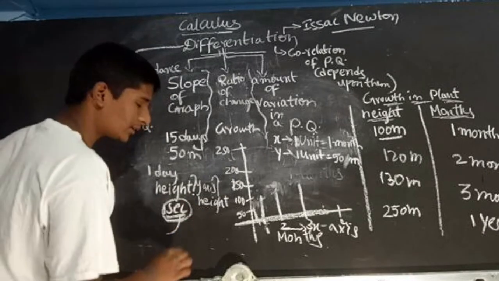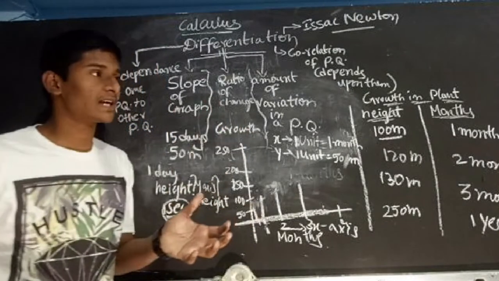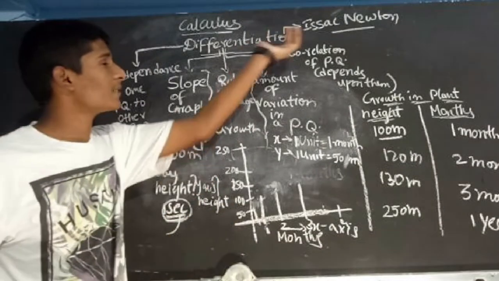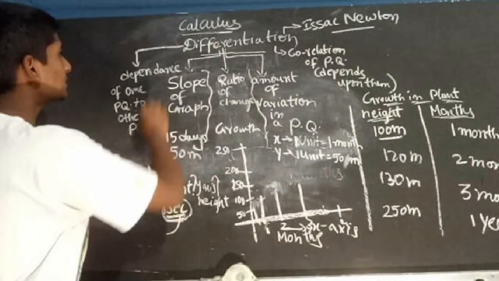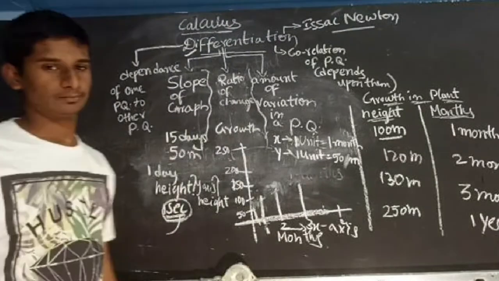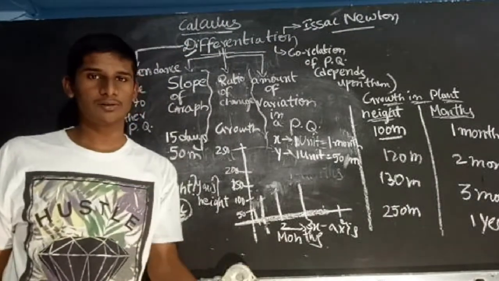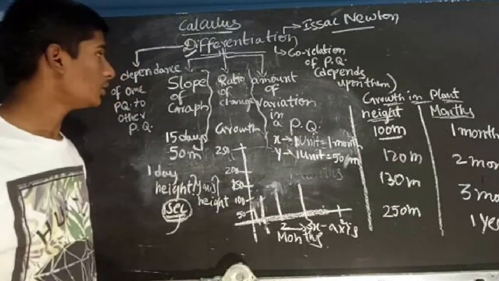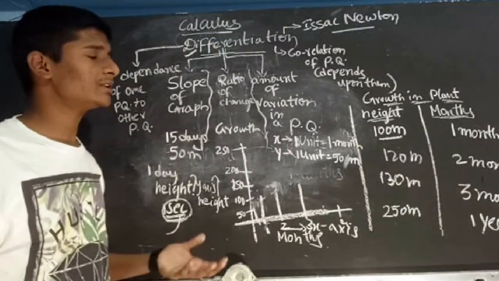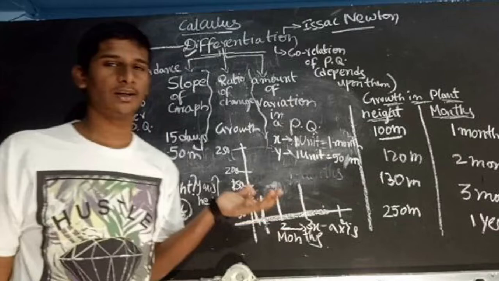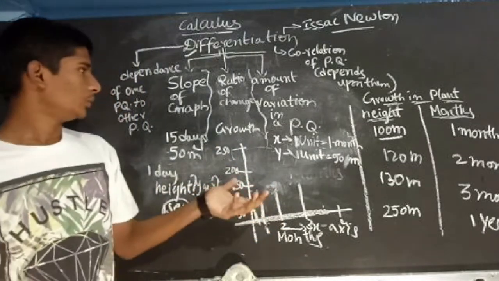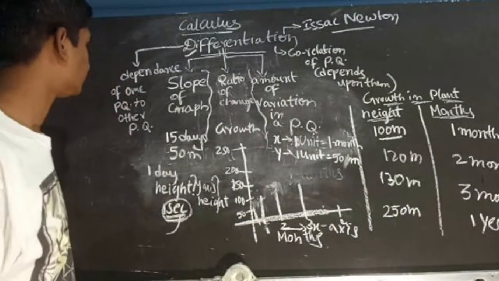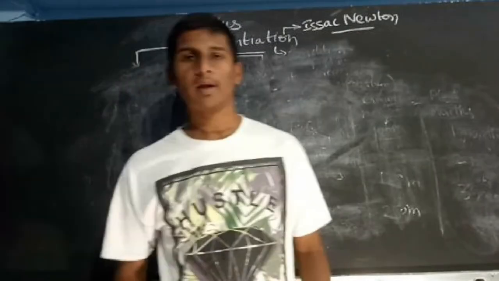We'll take the topic which was discovered by Isaac Newton sir, and the topic is called differentiation. Understood now? Now you all understand how important this topic is in physics.